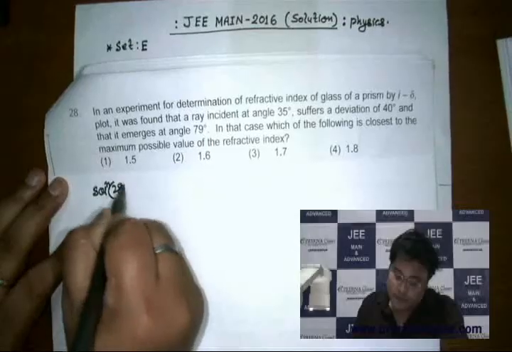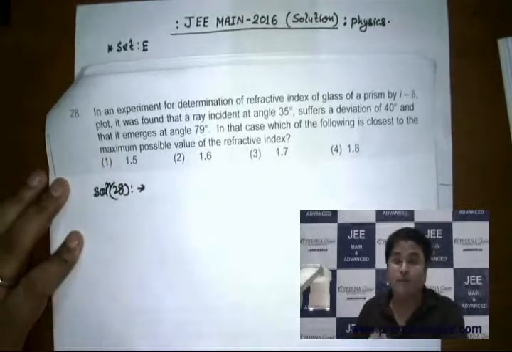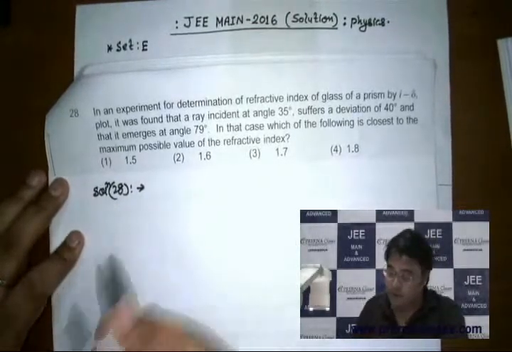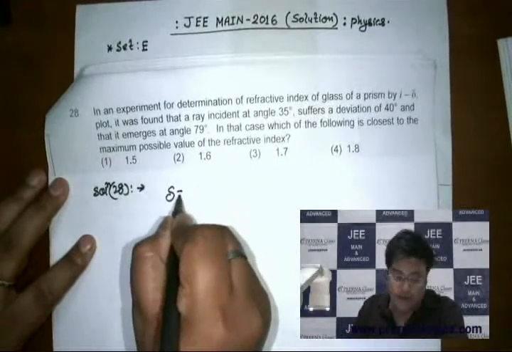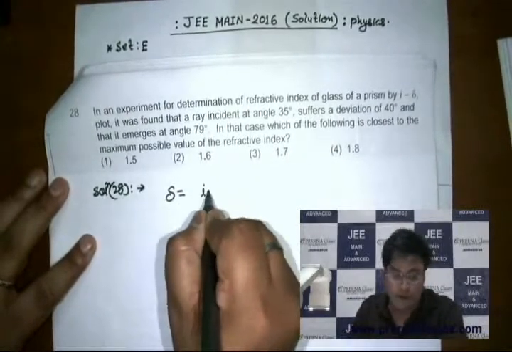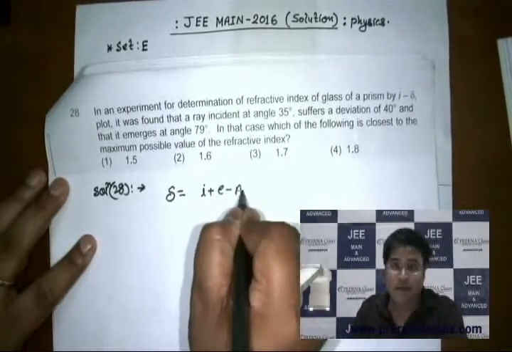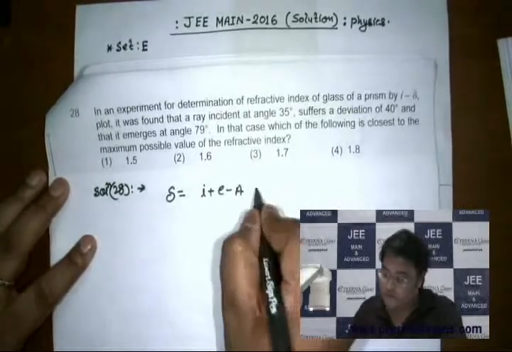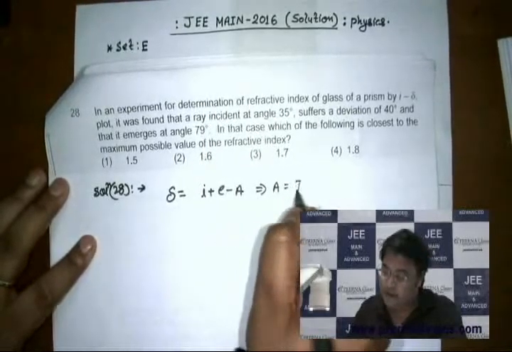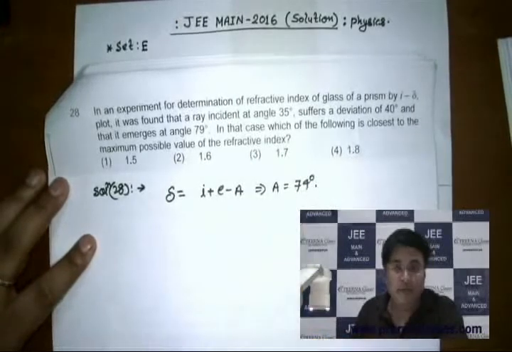Next is 28. It is based on geometrical optics, and from the figure we have the angle of deviation equal to i plus e minus A. So from here we obtained it is 74 degrees. Clear?